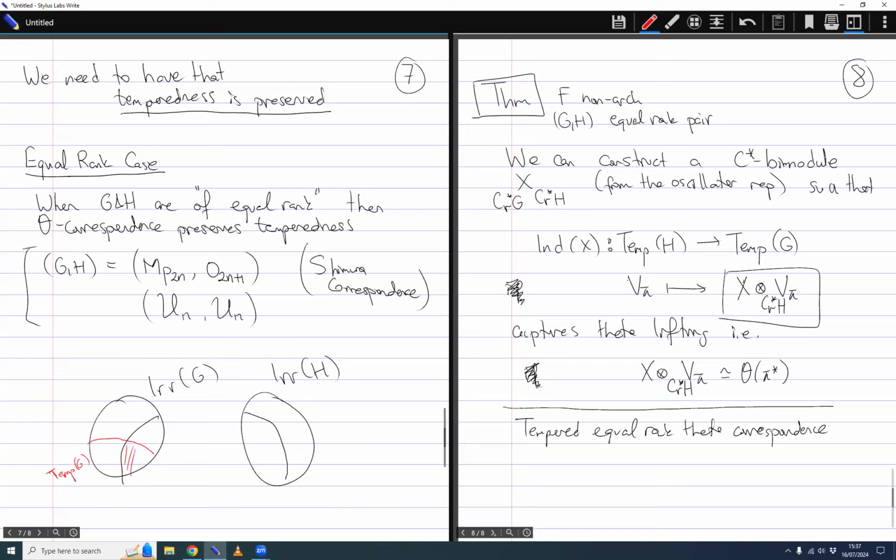So I'm only looking at tempered representations that enter the theta correspondence, this intersection here. So when I say tempered equal rank correspondence, I'm talking about the tempered parts here. So this is captured as an induction functor for reduced group C-star algebras.